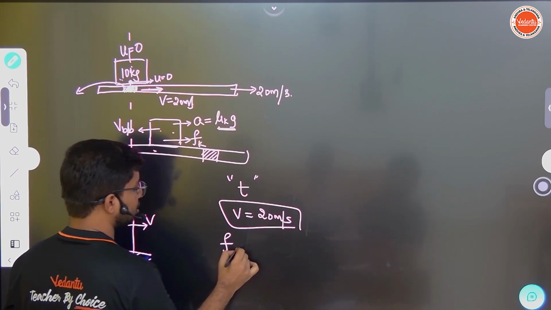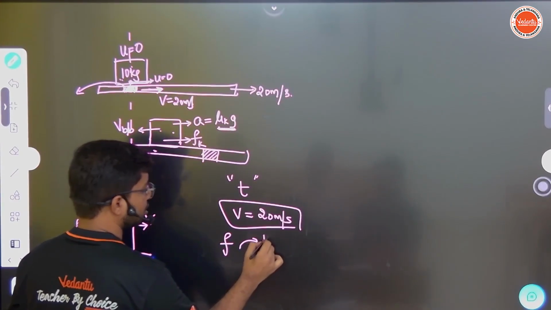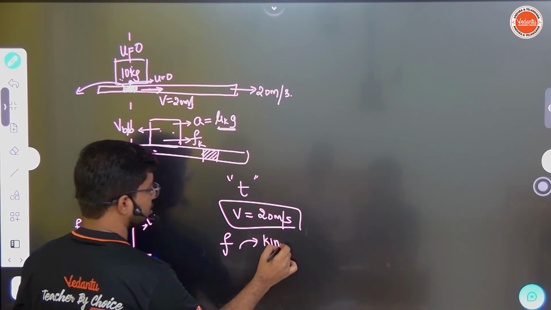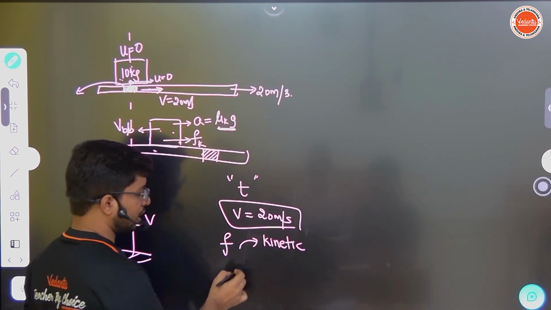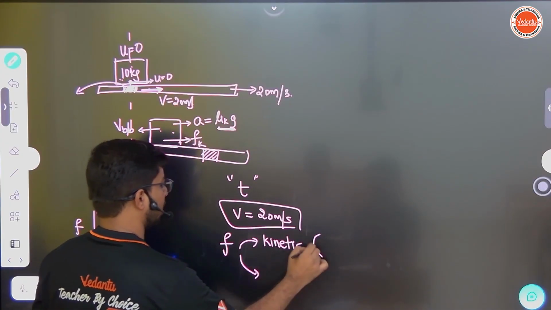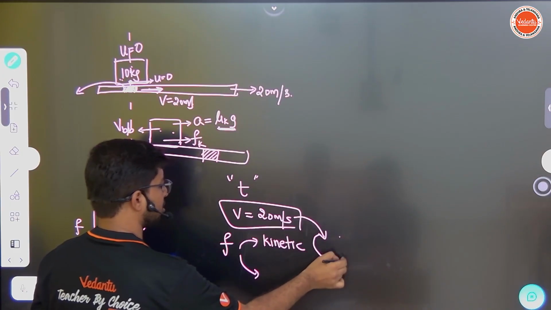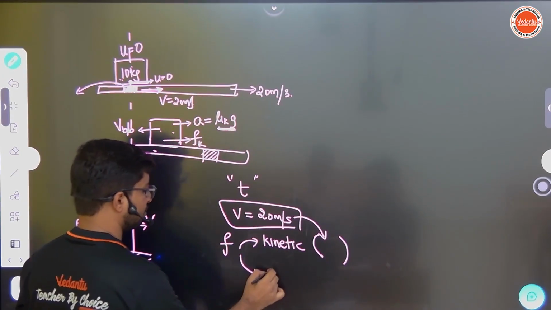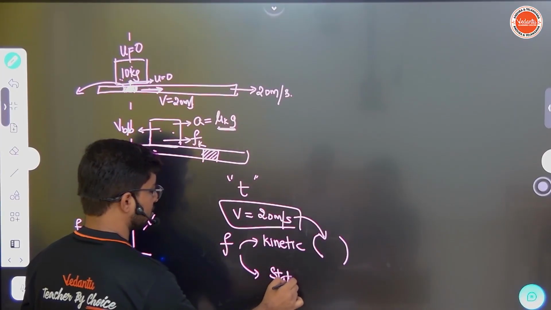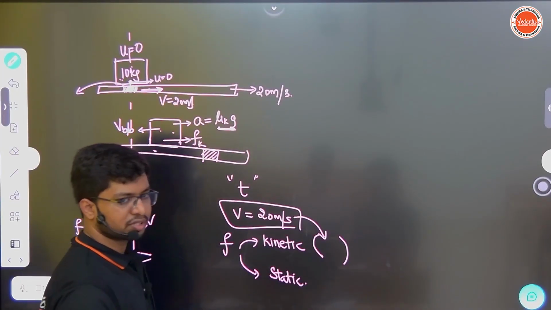So your friction is going to be, initially, kinetic in nature, and then after it attains a velocity of 20 meter per second, the friction changes to static friction.